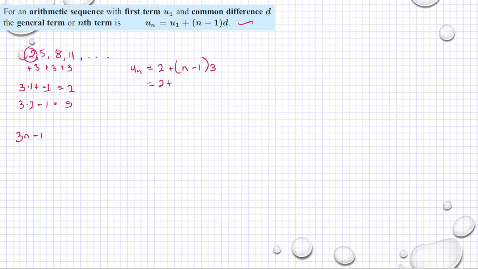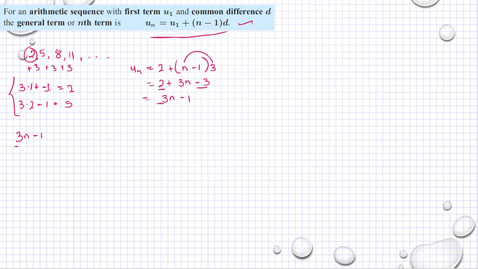Then we have 2 plus, if we multiply 3 by both terms n minus 1, 3n minus 3. Then we have 3n minus 1. So we have the same. In finding the nth term, you can either use this formula or use the test that I discussed before.